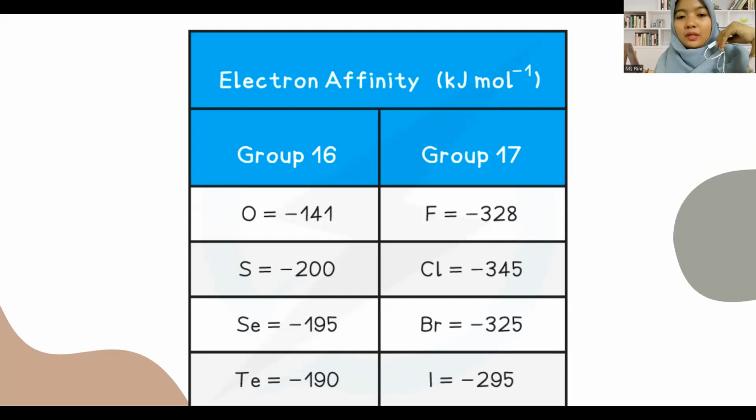I think we can discuss your ideas or your feedback on finding the trend of electron affinity for these two groups. And yeah, you can share your arguments, and you can also hear your friends' feedback for finding the electron affinity trend in our next session.